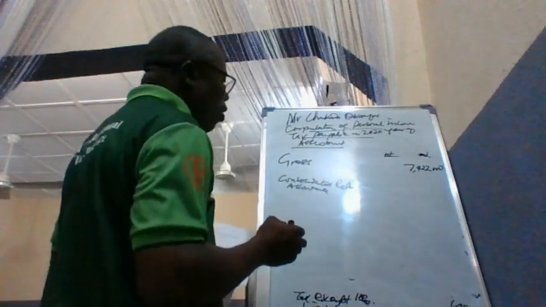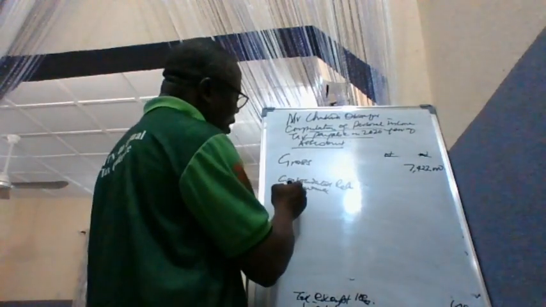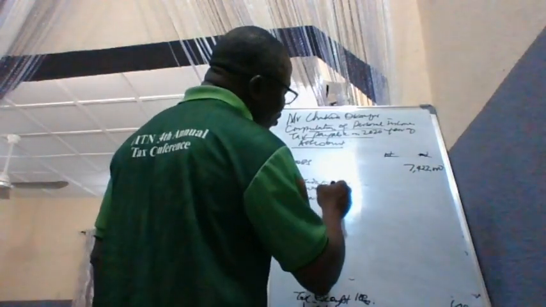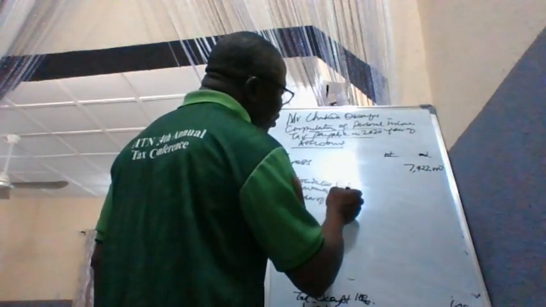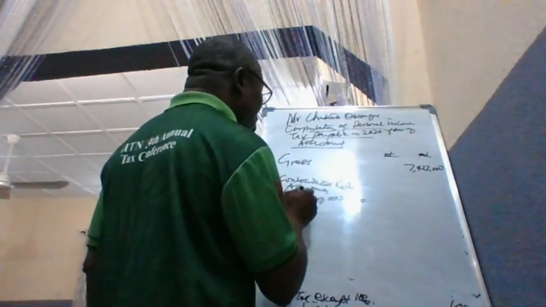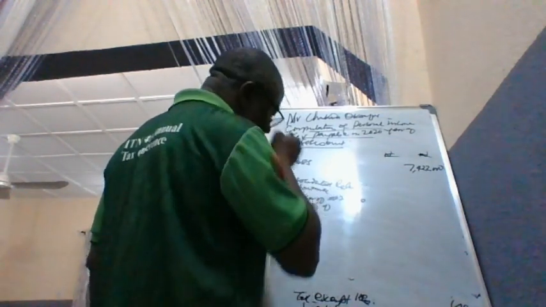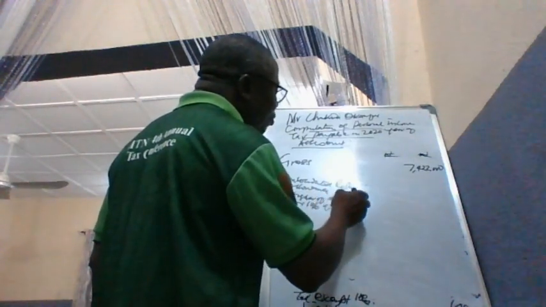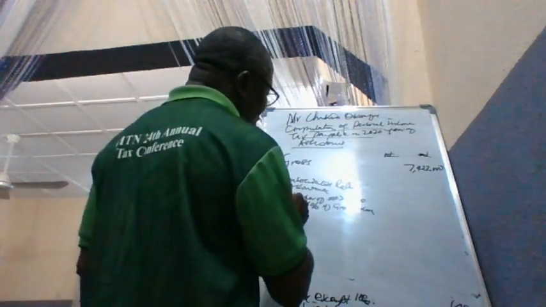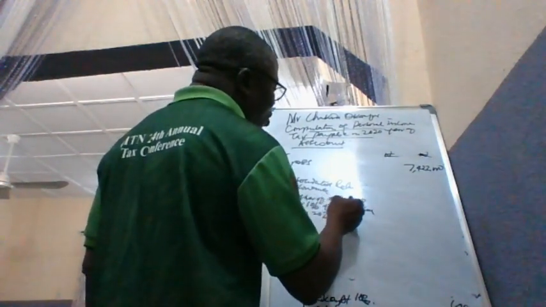Now, don't forget that it is the higher of 200,000 and or 1% of gross income, plus 20% of the same gross income.